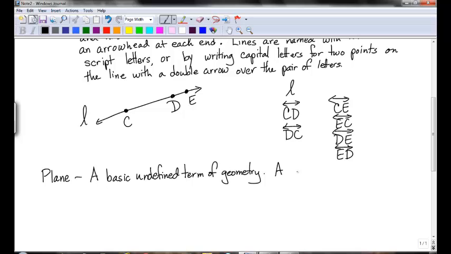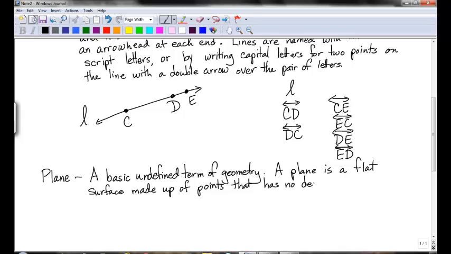A plane is a flat surface made up of points that has no depth and extends indefinitely.